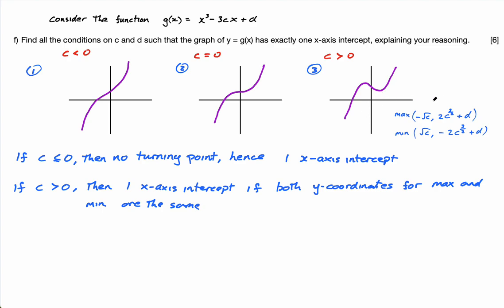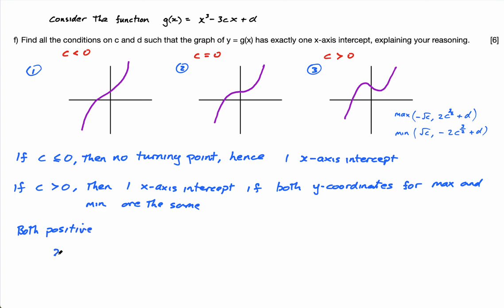So if they are both positive, then this guy has to be bigger than 0. Let's write this down to the max. Both positive.